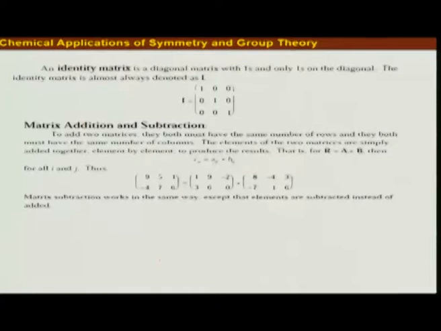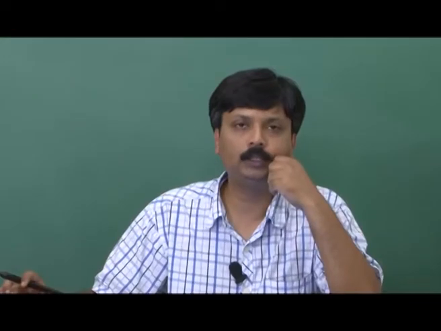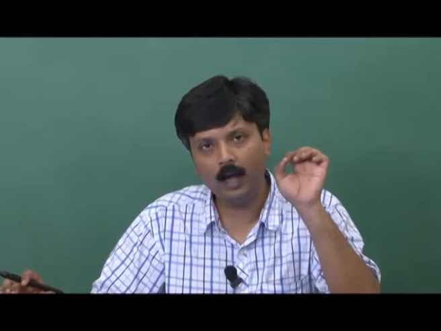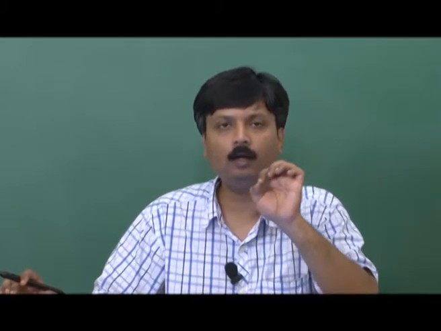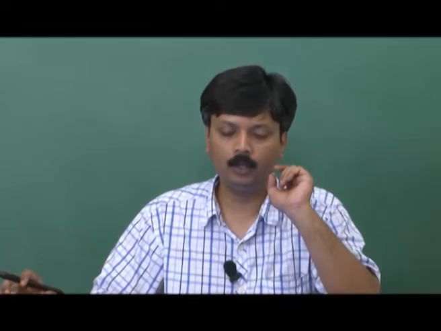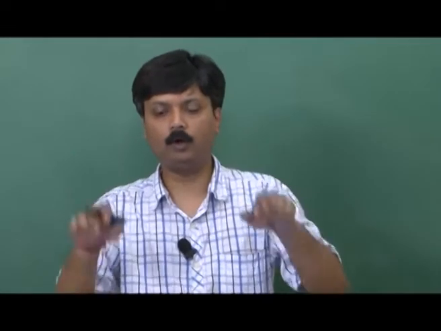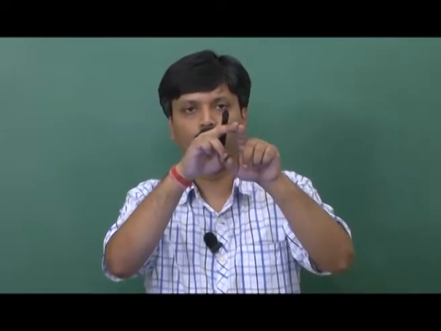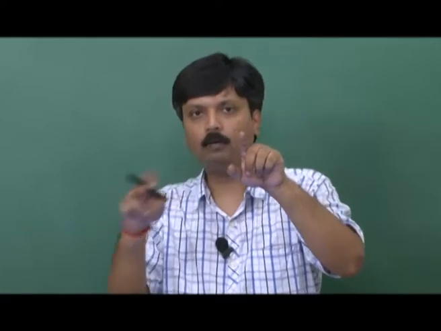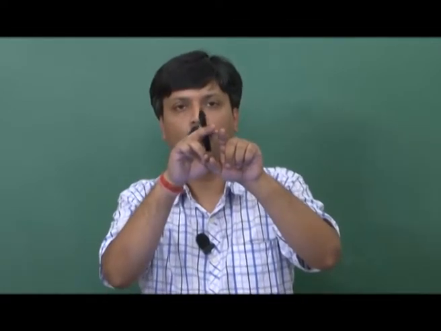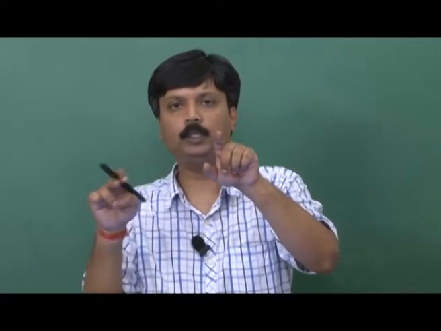Fine. Some more definitions here. So what is an identity matrix? An identity matrix is that particular matrix for which all the diagonal elements are unity. Okay, so you have rows and columns. If you go along the diagonal, which will be the elements 1 1, then 2 2, 3 3, and so on.